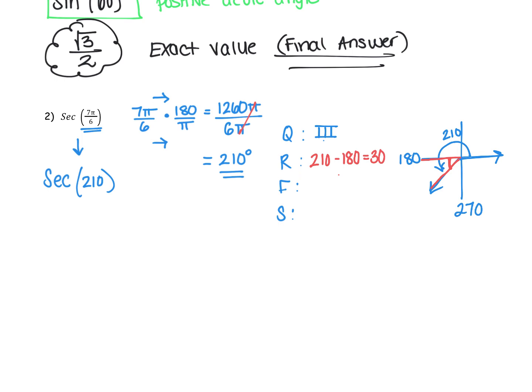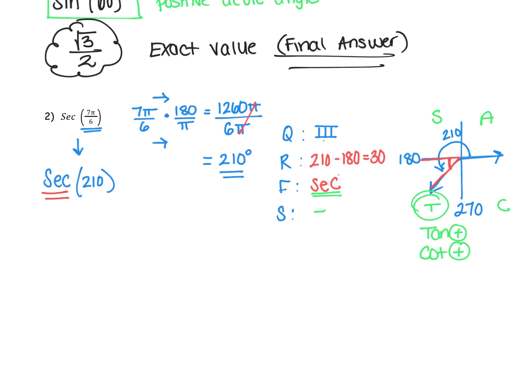The function that we're dealing with here is secant, right? That hasn't changed. And now we need to find the S, the sign, SIGN. So let's write all students take calc. So T stands for that tangent is positive, as well as its reciprocal, which is cotangent. So since we're dealing with secant, we know that it will be negative.